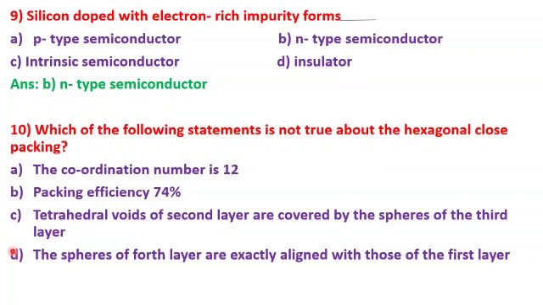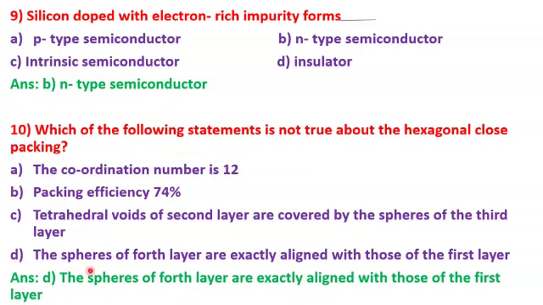But if you consider option D, the spheres of the fourth layer are exactly aligned with those of the first layer, this is not a true statement with respect to hexagonal close packing. All three, A, B, C, are true statements about hexagonal close packing. Hence our answer is D. The spheres of the fourth layer are exactly aligned with those of the first layer. This statement does not hold good for hexagonal close packing. Okay, thank you.